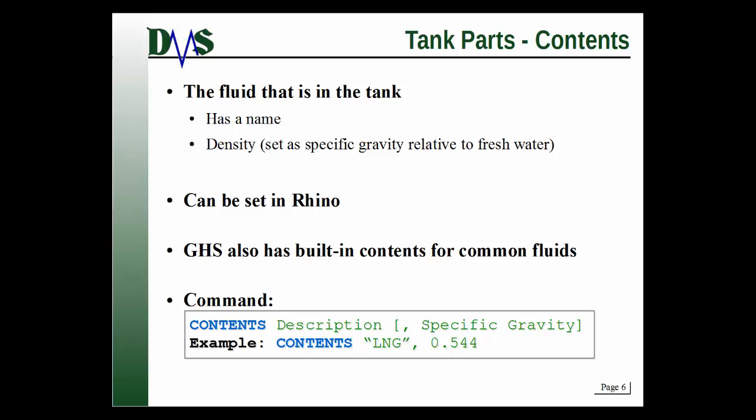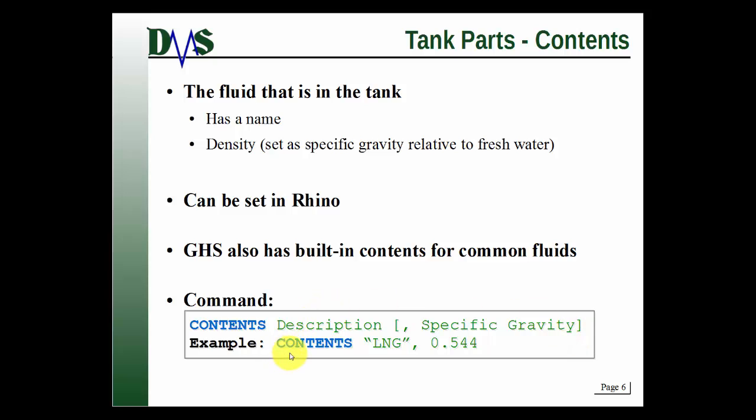As an example, this is the command for how you would define the contents of a tank. The keyword is contents, that's your command. Then we have the description, whatever name you want it to be, a comma, and the specific gravity.